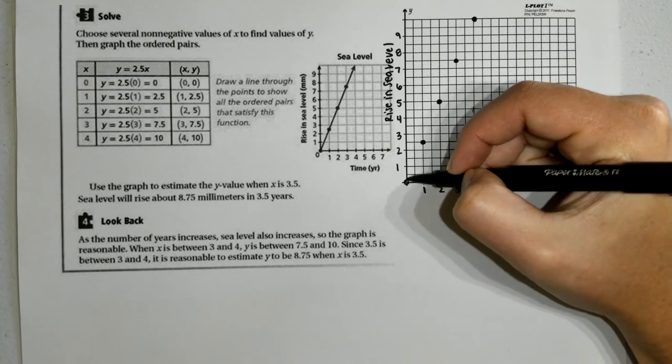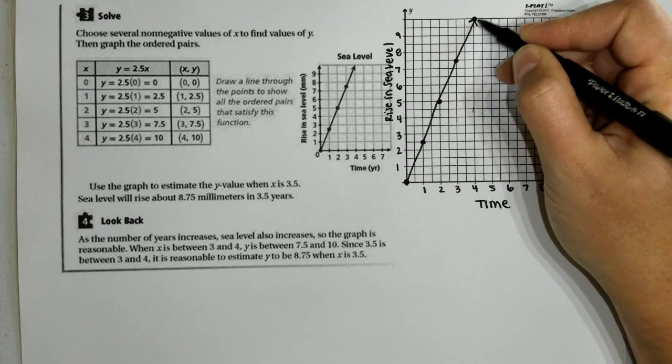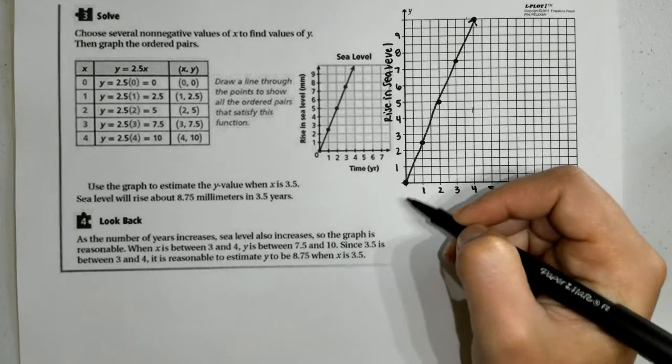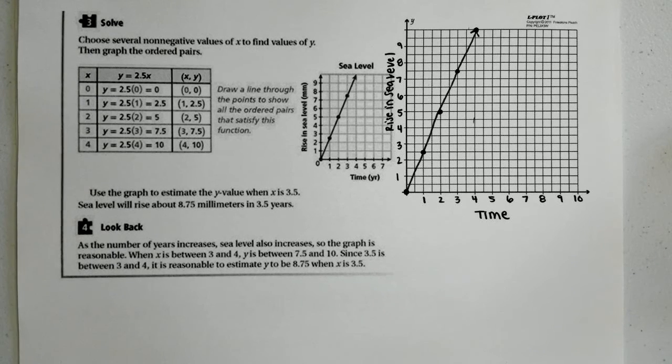Okay, so this is what my graph would look like. And I only draw an arrow at the top up here because that's going to keep on extending. This direction it does not extend because remember we're only talking positive values here. Time and rise in sea level will stay positive in this example.